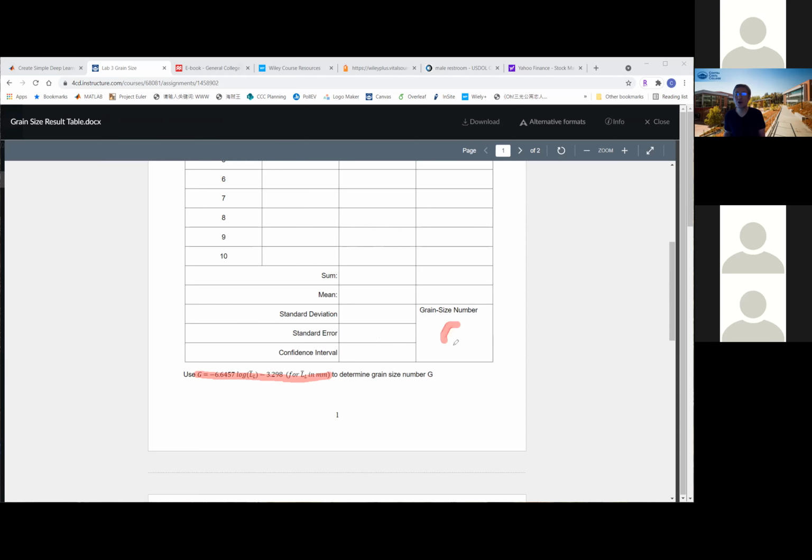When you do the homework of this chapter, you will have some problems which will ask you to do this. This could be one of the problems in your exam. Make sure that you know how to find the L-bar and how to convert it into the G number. In this lab, all right, any question?